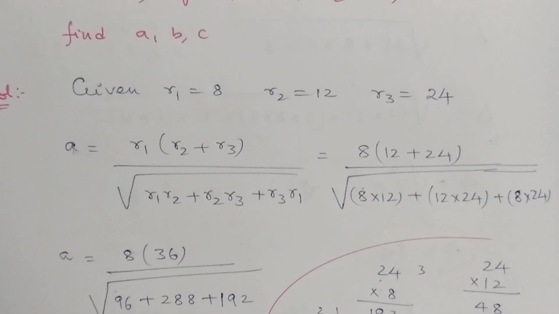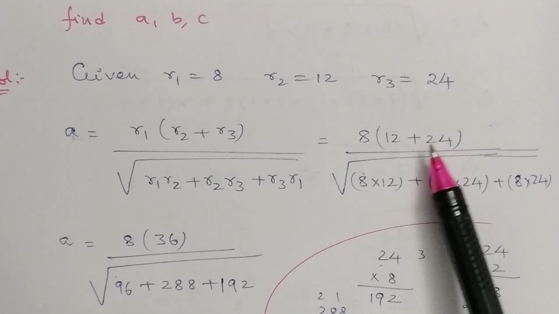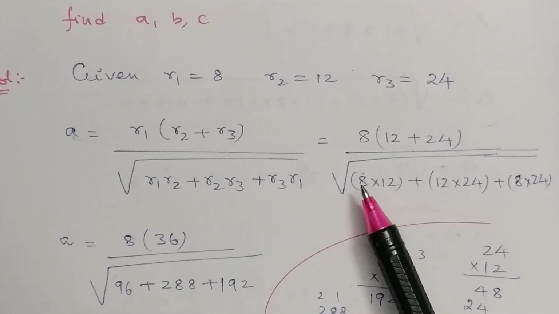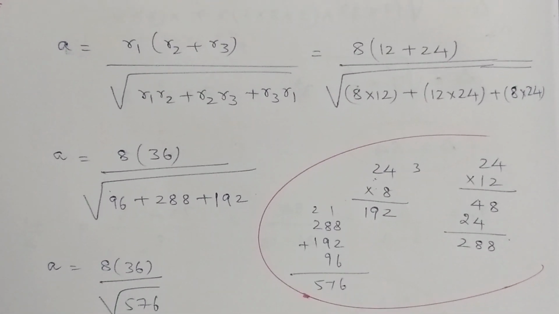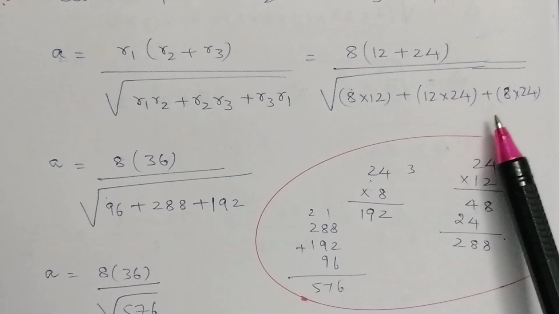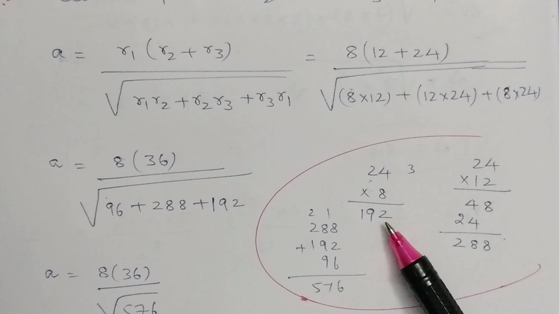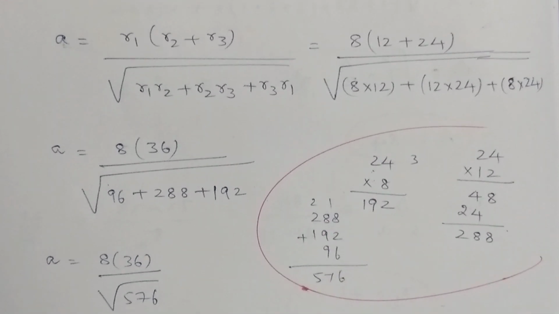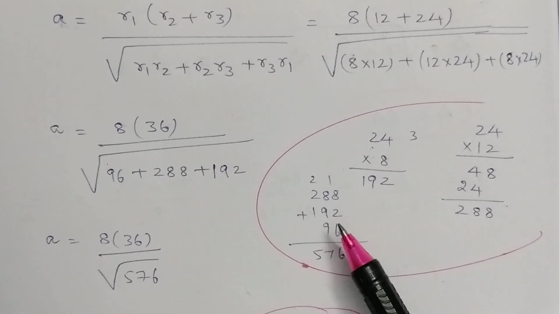Simplification: A equals 8 into 36 by root over 8 into 12, which is 96, plus 12 into 24, which by multiplying I got 288, plus 8 into 24, which I got 192. Next you have to add all three in the denominator. By adding the numbers I got 576.